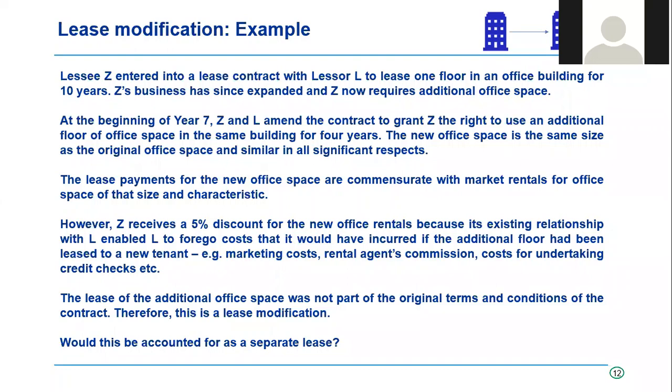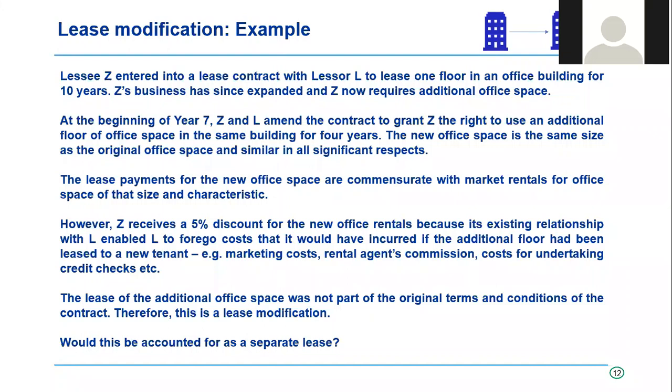In this case, although the rentals are lower by 5%, the conclusion would not change for the reason that this is effectively a benefit that the lessor gets by not having to incur other costs. If one had to lease this property out to a third party or an unknown party, the lessor may even have had to pay a brokerage or a fee.